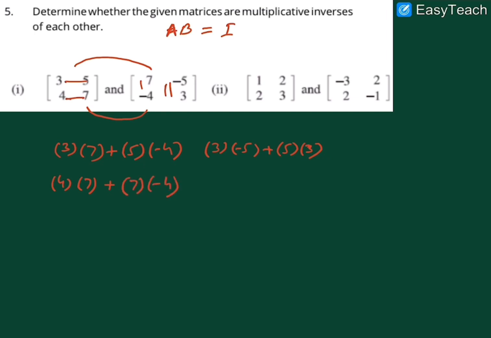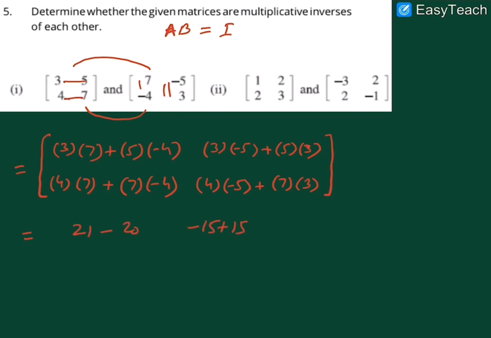Similarly, second row with second column, 4 into minus 5 plus 7 into 3. So we will get 21 minus 20, minus 15 plus 15, and 7 times 4 is 28 minus 28, 5 times 4 is minus 20 plus 7 times 3 is 21. So we got 1 0 0 1, which is the identity matrix.